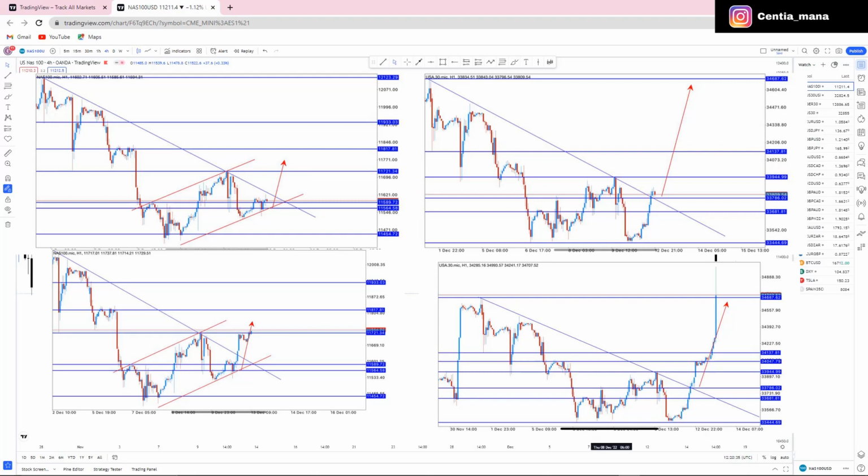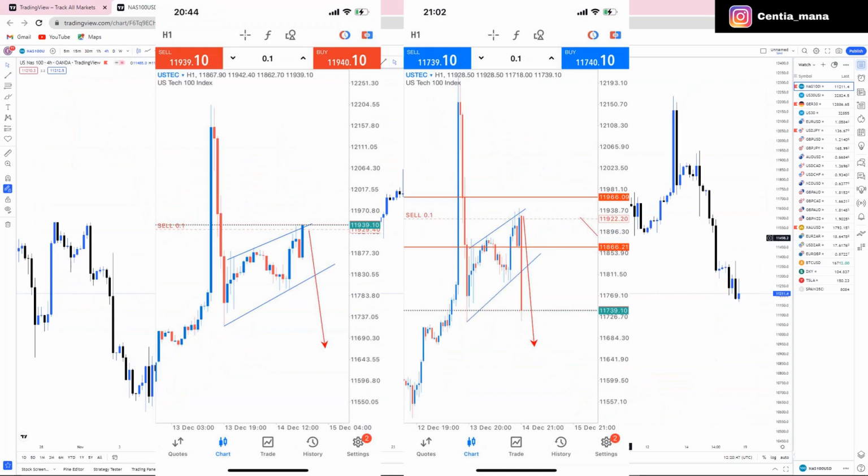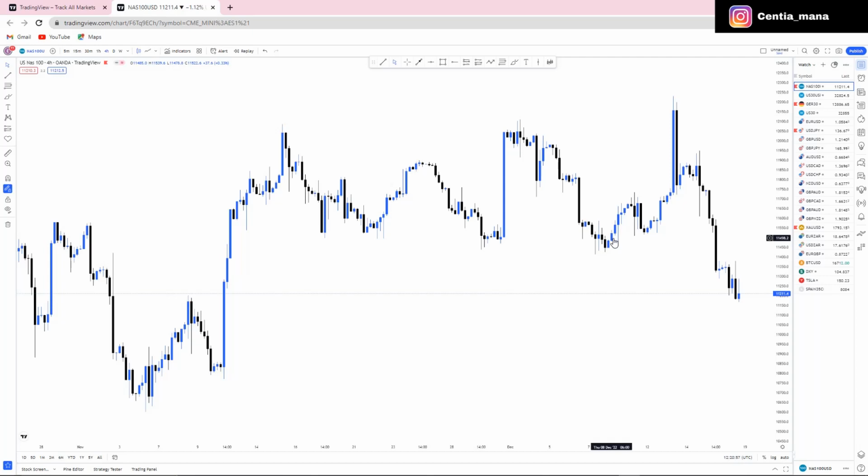The market followed the setup, and the setup completed due to CPI. With FOMC, I traded NASDAQ, and I'm going to show you guys how I analyzed for both news events and how both setups were successful. So let's get into it.